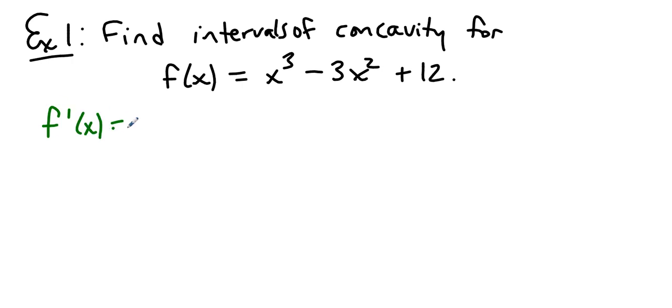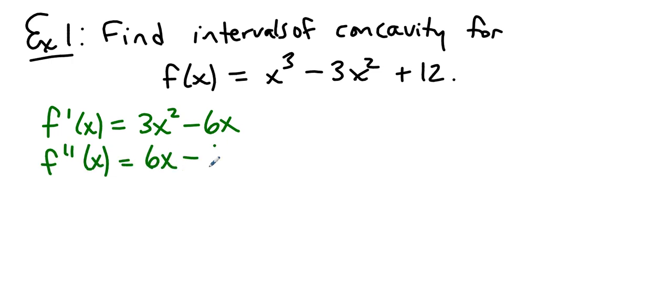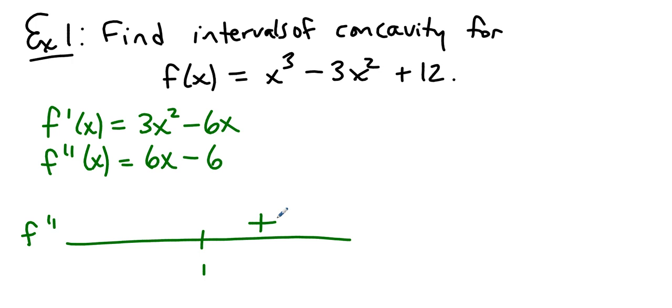Intervals of concavity depend on the second derivative, so you have to take one derivative to get a second derivative, right? So this is the second derivative. So f double prime only changes sign at one particular place. On the right side of 1, f double prime is positive. On the left side of 1, f double prime is negative.